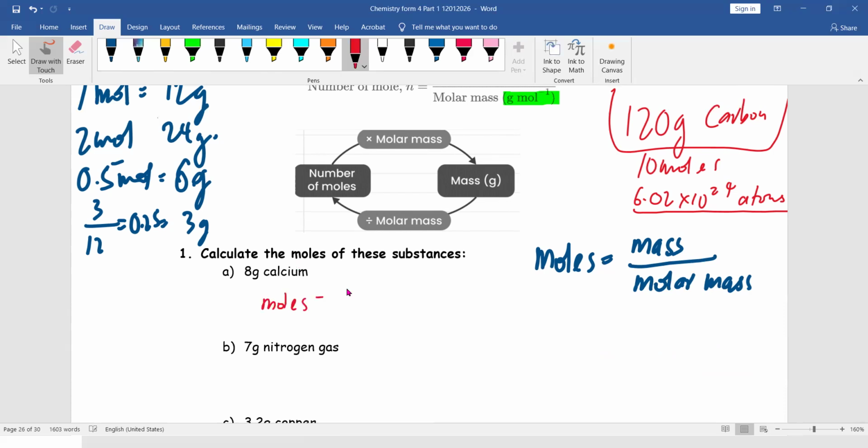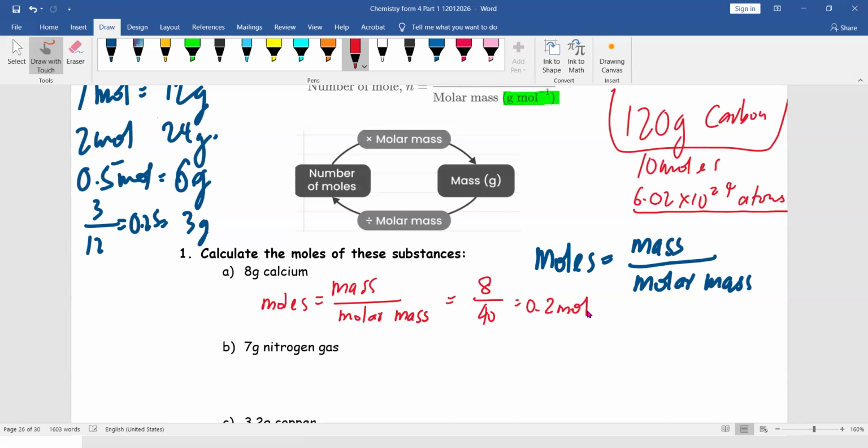Moles is mass over molar mass. 8 grams. Must be in the unit of grams. Molar mass is 40. So you get 0.2 mole.